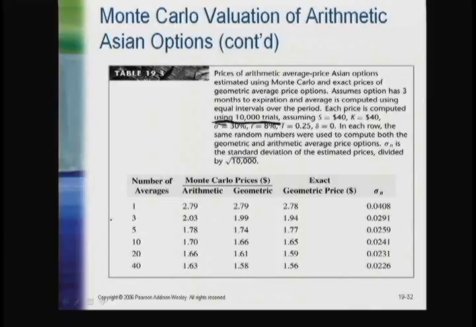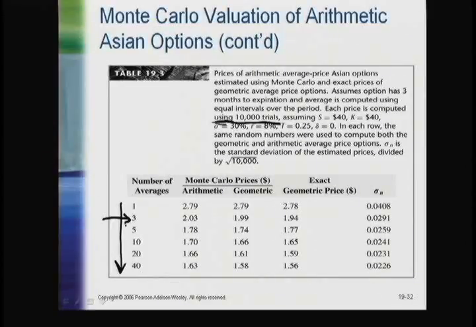So what's going on here is the number of averaging points. Remember, this is a 3-month option, and so how many prices are being averaged? We can average 1 price, 3, 5, 10. If we average 1 price, that's basically a European option, and then we average more and more prices. We averaged 3 prices in the example I just showed.